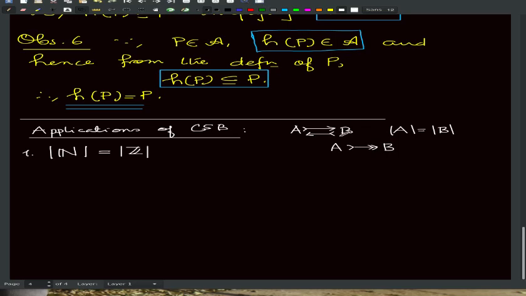A tail like this means it's an injection, and both of them means a bijection. So any one of these are the three ways. They are equivalent, right? We just now know that they are equivalent. So these are the three principles or three tools that we have in our hand.